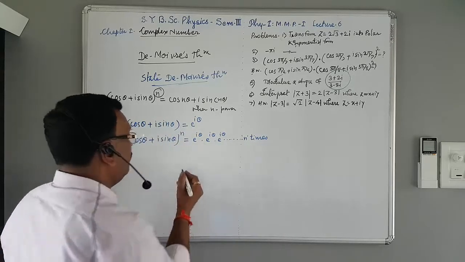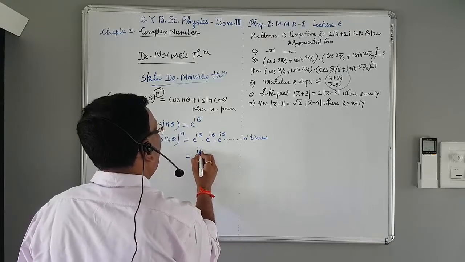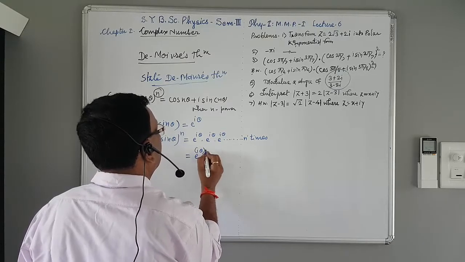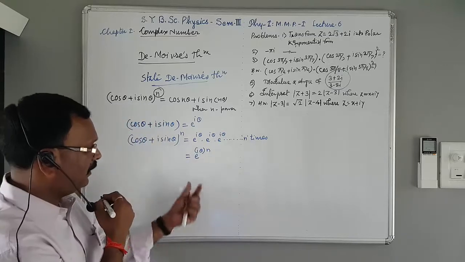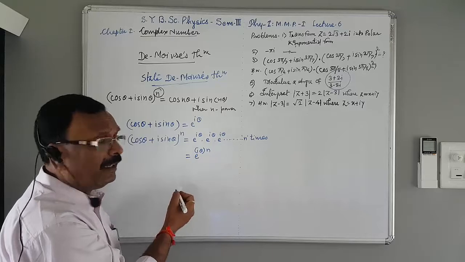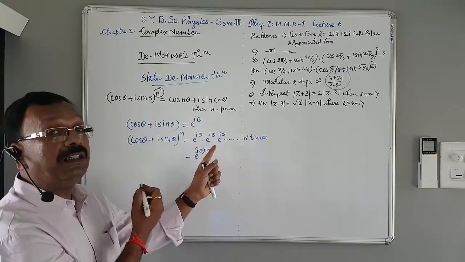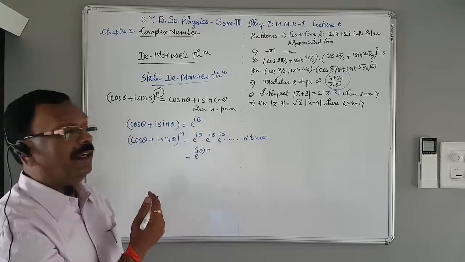This equation we may write in brief: (e raised to i theta) to the power n. The meaning of this is that (e raised to i theta) to the power n is nothing but e raised to i theta into e raised to i theta into e raised to i theta, n times.